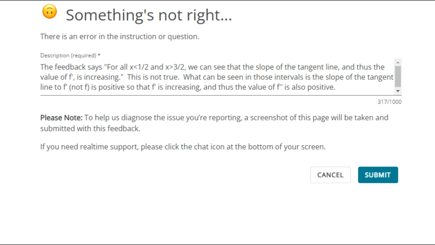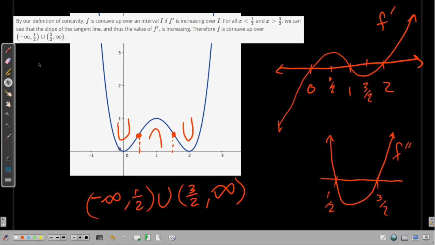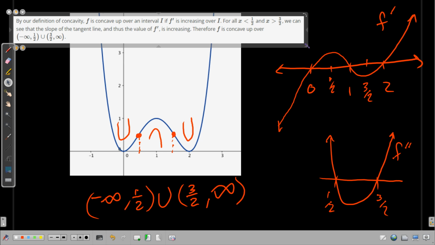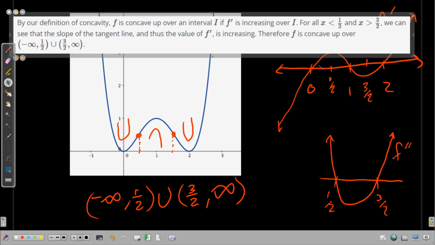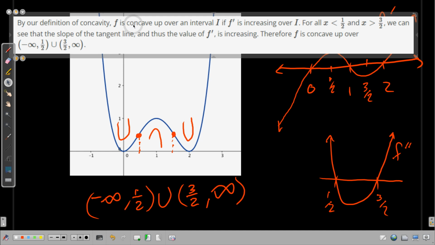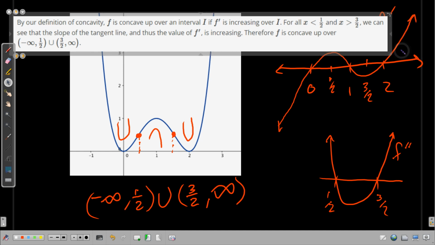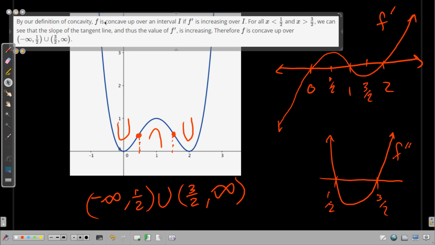And let's look at what's going on here. So this was their statement, and it turns out that this definition they've given is just fine. You just have to read it carefully. F is concave up on some interval if the derivative is increasing on that interval.